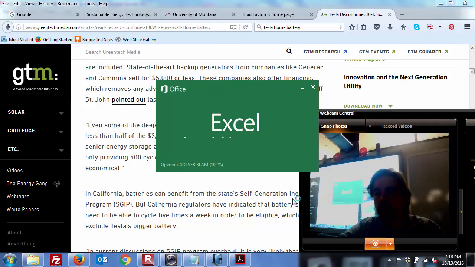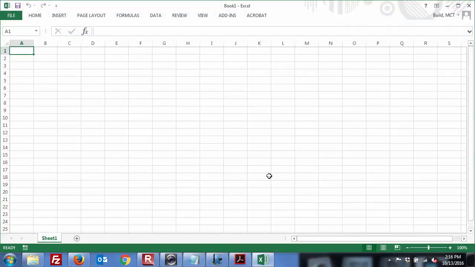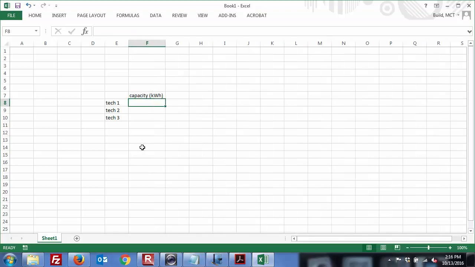So if you're doing your battery research, let's just call it Technology 1, Technology 2, Technology 3. Here's going to be your capacity, and we'll put that in kilowatt hours. Let's just say this one's 10, this one's 15, this one's 5.